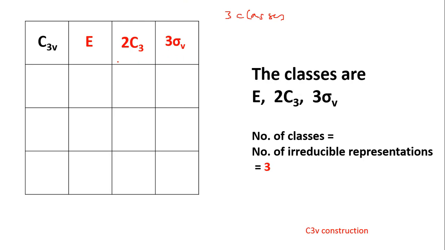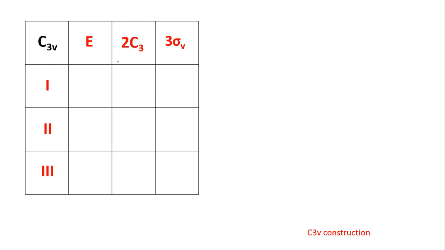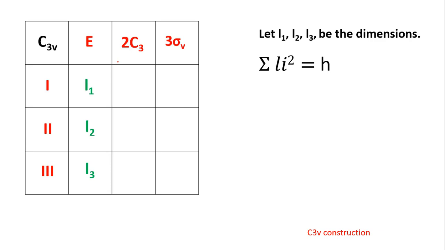The irreducible representations are written on the side as 1, 2 and 3, which we will name later. The dimensions of these irreducible representations be L1, L2 and L3. Summation Li square is equal to H according to the great orthogonality theorem.